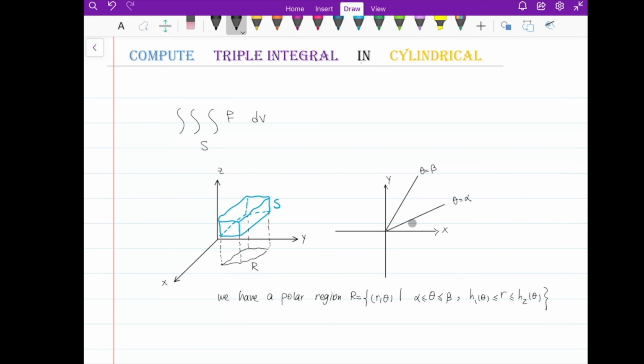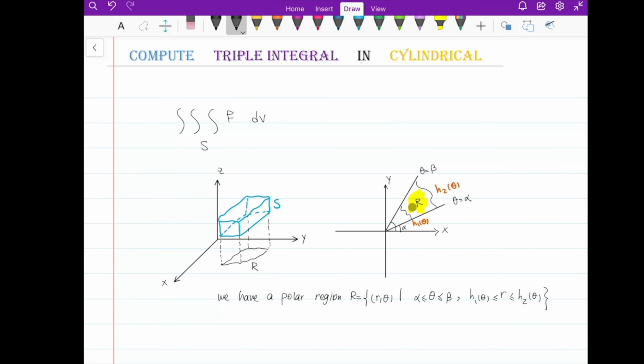Theta is the angle from the positive x-axis. That's why we have one angle in here for alpha and another angle in here for beta. And then just assume that we have a curve in here for h1 of theta. This is the bound for r, and I have another one, for example this one in here, called h2 of theta, and the region in here is R.